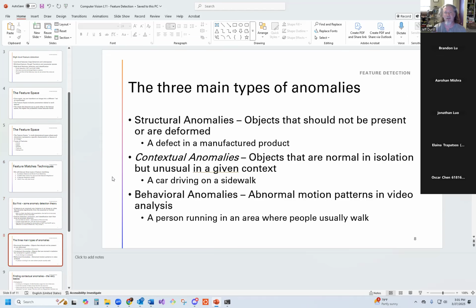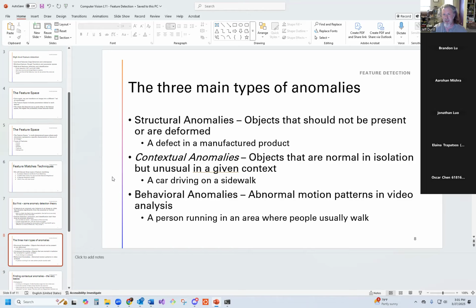So to expand on this topic, there's this idea that within computer vision, we can say there are three main types of anomalies. So three things we want to find when we're doing computer vision. There's this idea of a structural anomaly, which is essentially either a structure in an image or a form of a structure that really shouldn't be there.